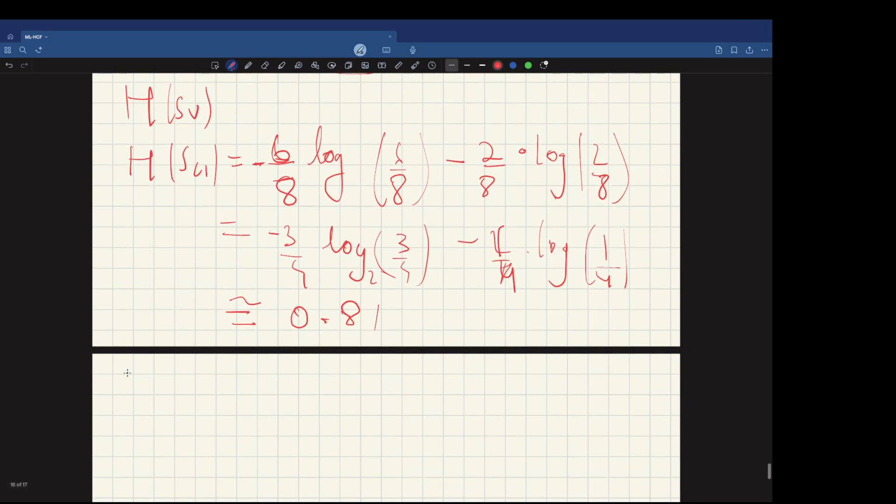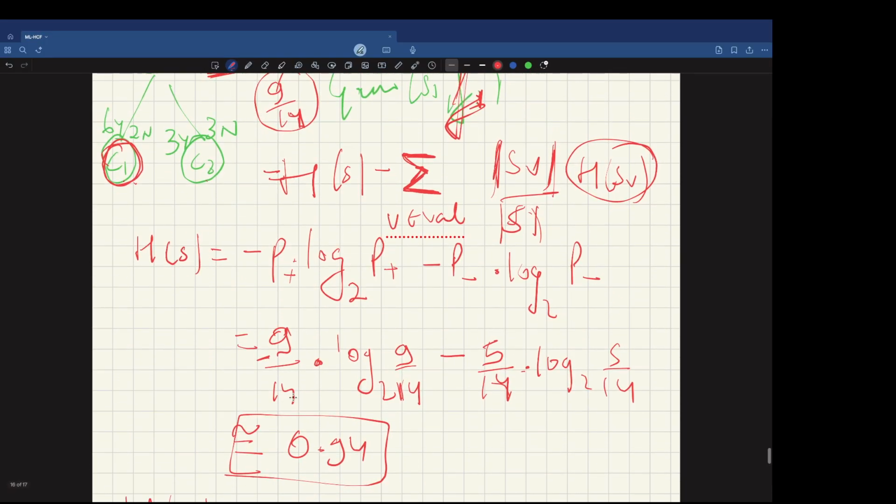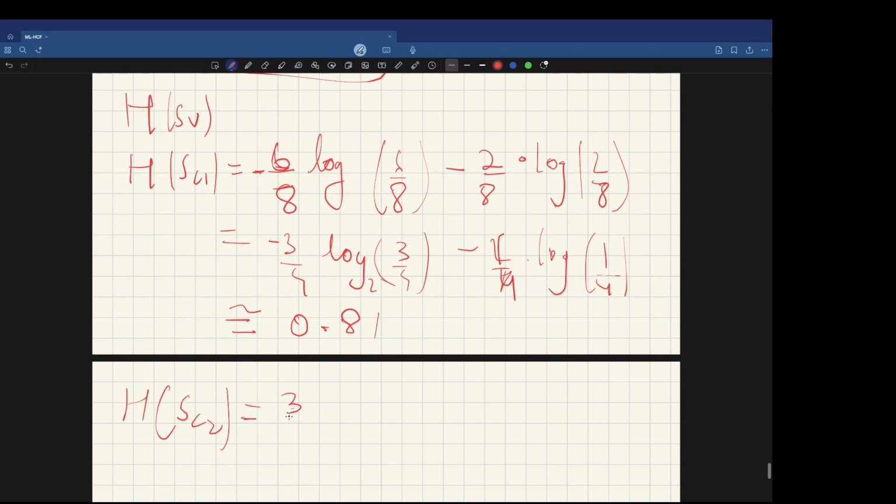And if you try to calculate for H of S of C2, what values will you get? H of C2 is 3 by 6.